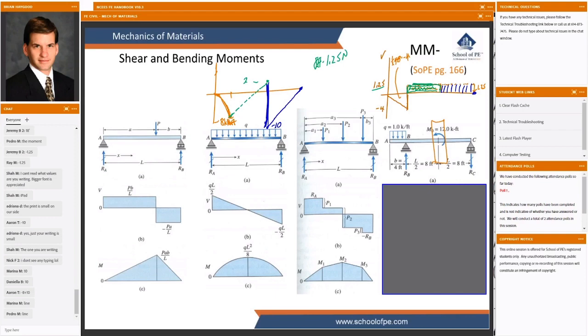But if we back away from all the engineering stuff and look at this beam from a layman's point of view, what if I tried to draw the deflected shape of this beam? We know it's going to be touching a support here, and a support there. If I were to draw how this beam deflects under these various loads, what do you think it would look like?